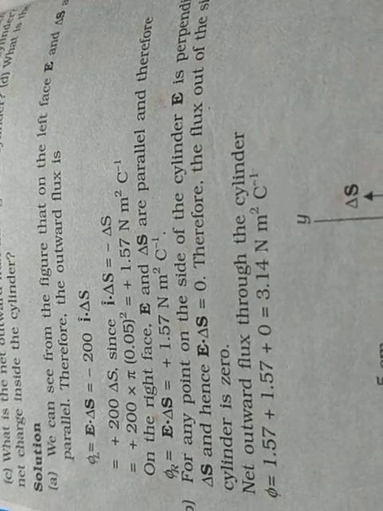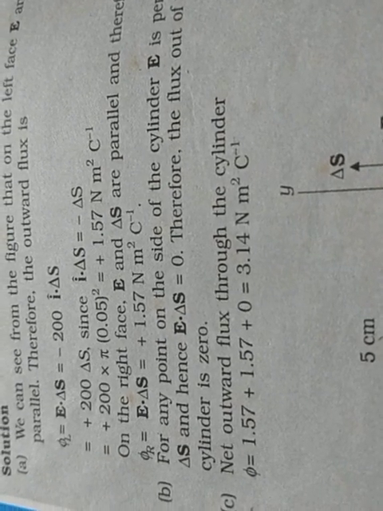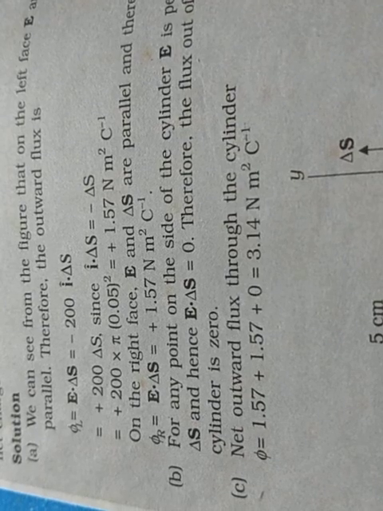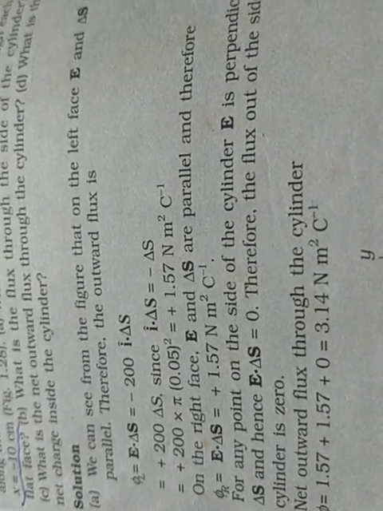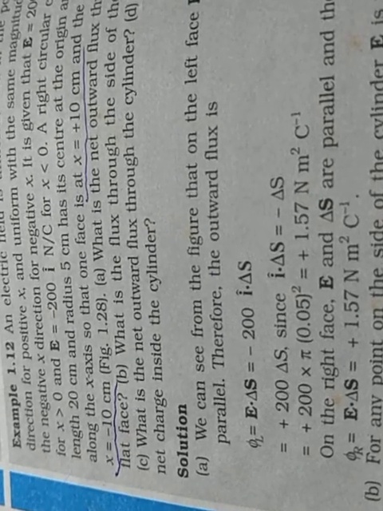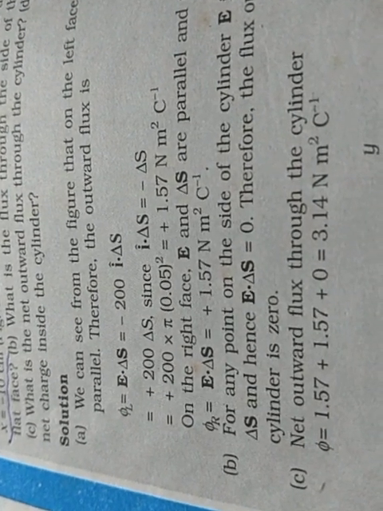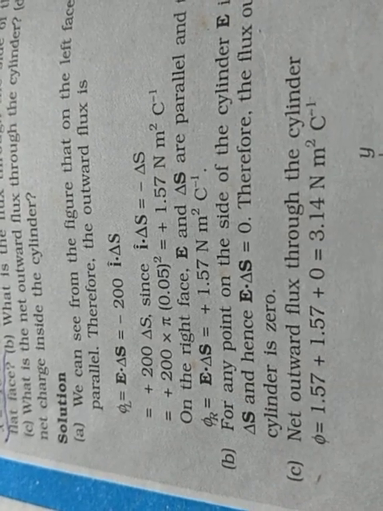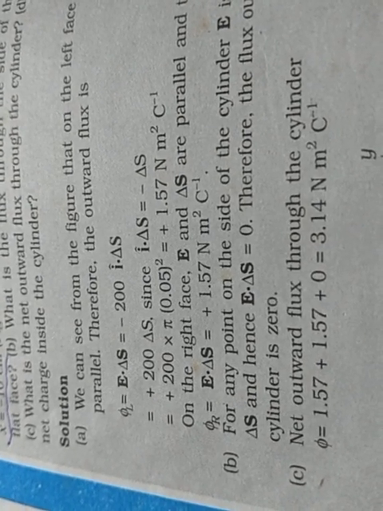flux is equal to E dot dS, meaning the electric field is given as 200 and delta S is the area of the flat surface. Since it is given that the length of the cylinder is 20 centimeter and the radius is 5 centimeter, we convert 5 centimeter into meter, and pi r square gives us the area of the flat surface.